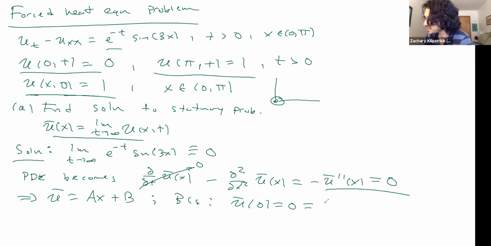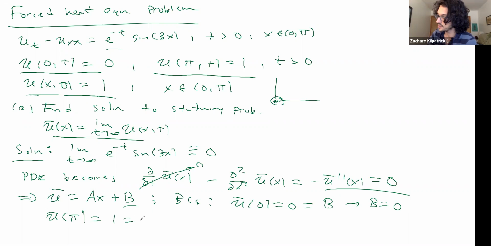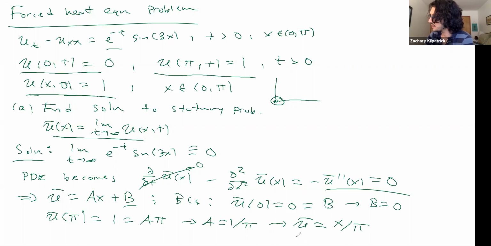So that is going to be equal to b, so that implies, of course, that b equals 0, okay? So b goes away. u bar of pi now equals 1. So that's equal to a pi. So that implies that a is equal to 1 over pi. So that implies that u bar is equal to x over pi. Okay, so that's our stationary solution.